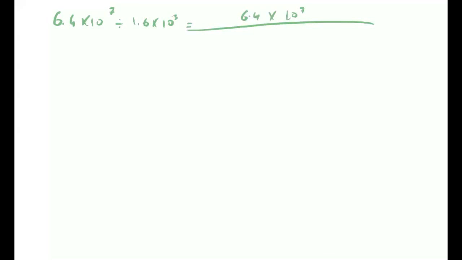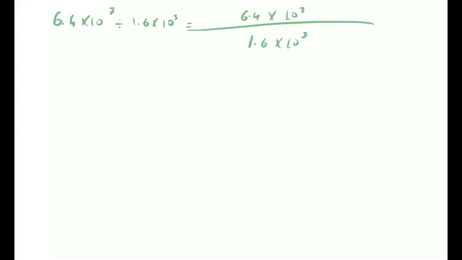Okay, let's divide 6.4 times 10 to the power of 7 divided by 1.6 times 10 to the power of 3.